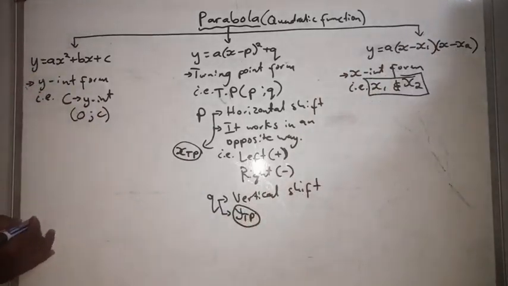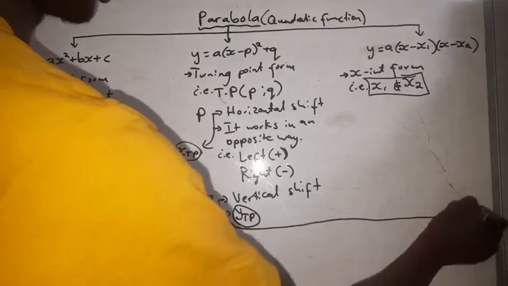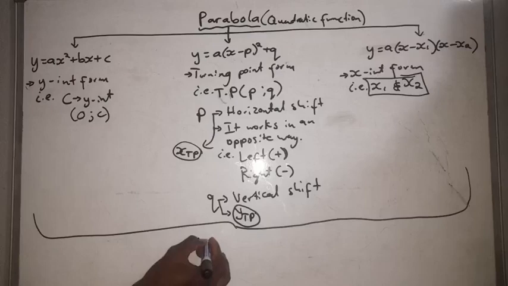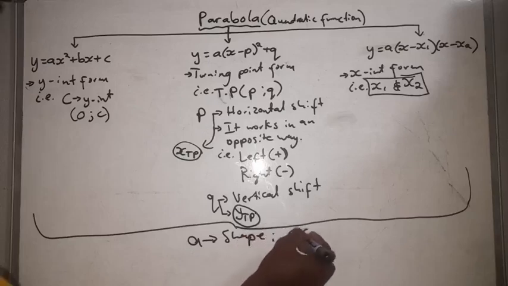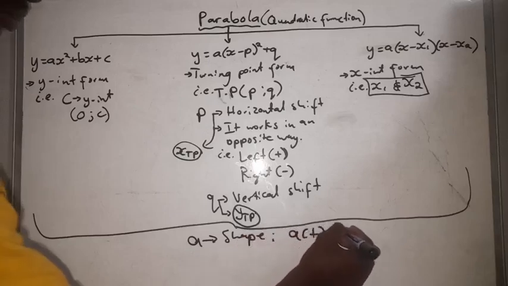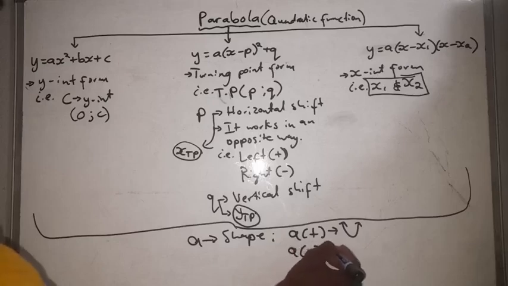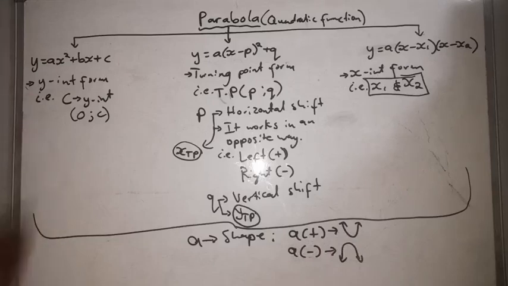But if you check, all these graphs have the value of A. A always tells us about the shape, and it's so easy: if A is positive, the graph will be smiling. We know this. And if A is negative, the graph will be frowning. That's the basic knowledge about the parabolic function.